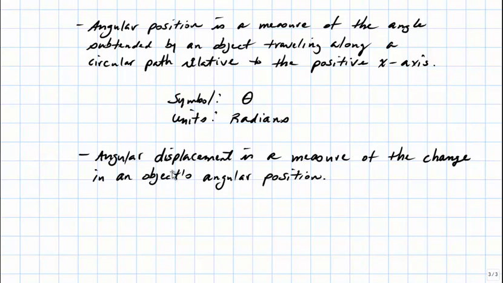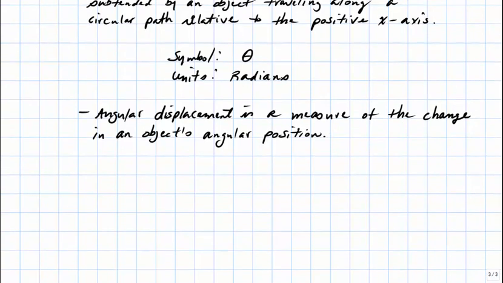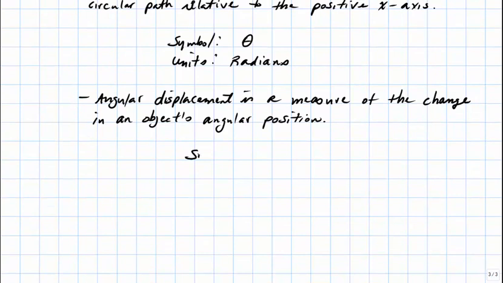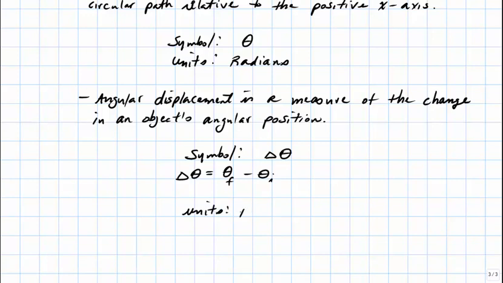In other words, angular displacement measures how much change there is between the initial and final locations of an object. The symbol for it is delta theta. The equation for it is simply theta final minus theta initial, and the units are radians.